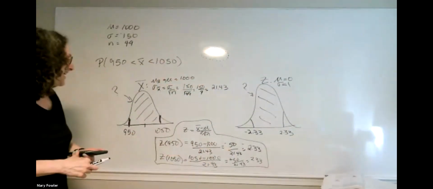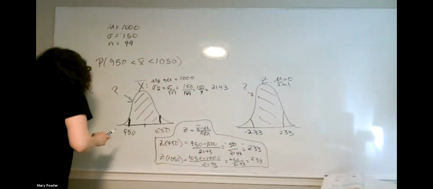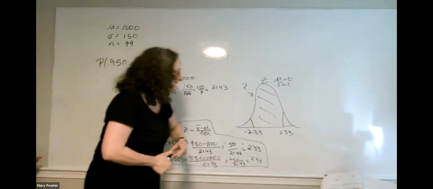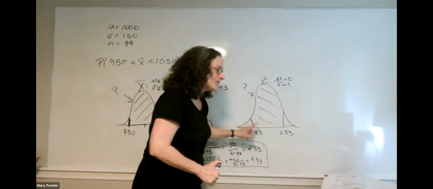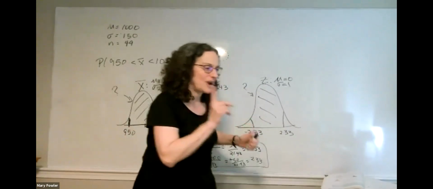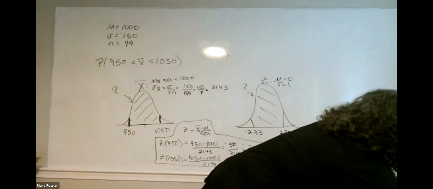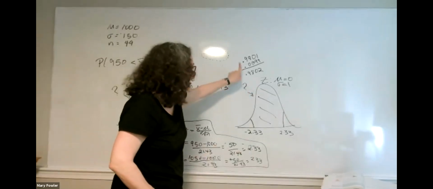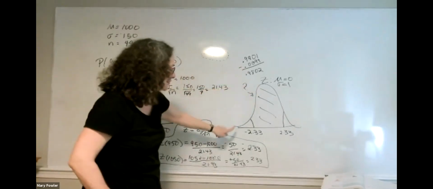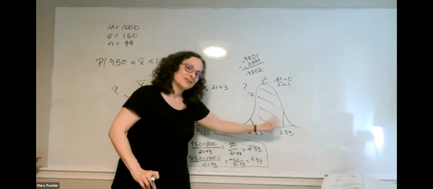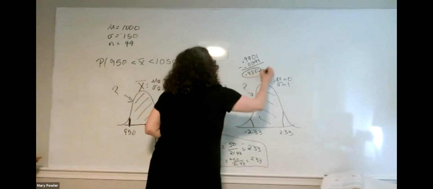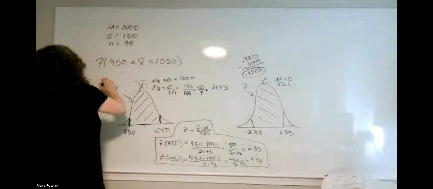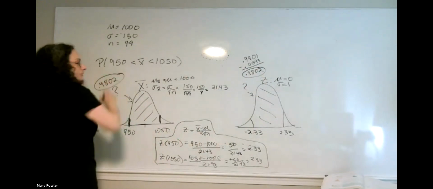All right, let's take it from here. I'm going to pause. You pause, go to the formula cards. We have to find the area of the bounded region, so we're going to do 2 lookups and a subtraction. I get that the bounded region between minus 2.33 and 2.33 is 0.9802.